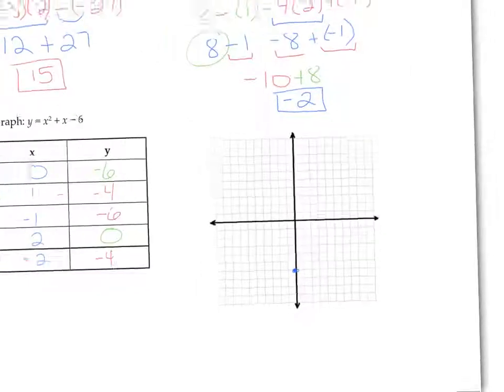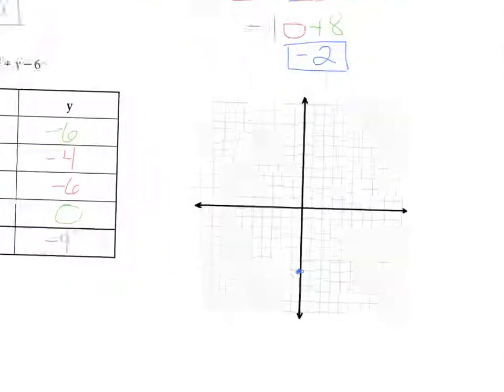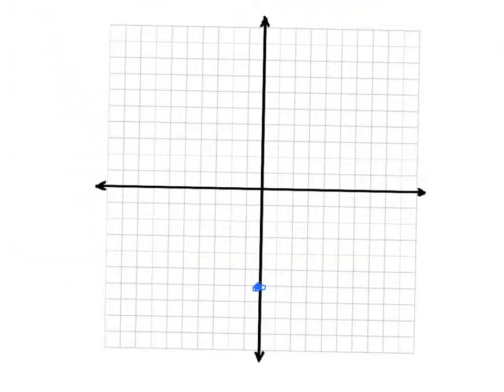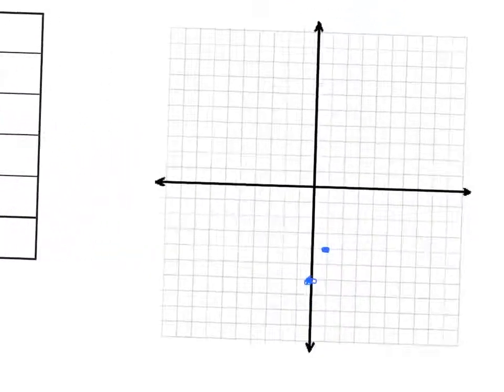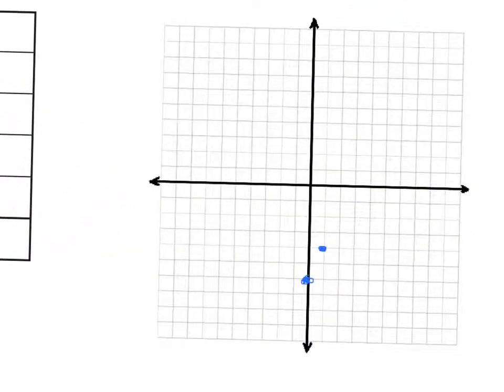All right, the next point is 1, negative 4. So 1, negative 4 will be there. The next point is negative 1, negative 6. So negative 1, negative 6.